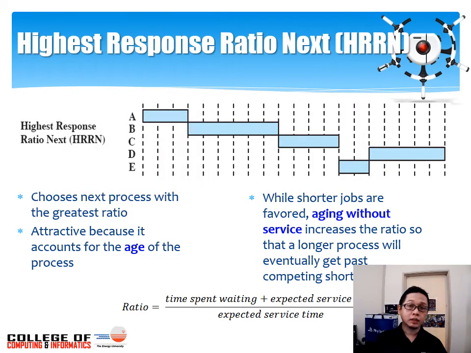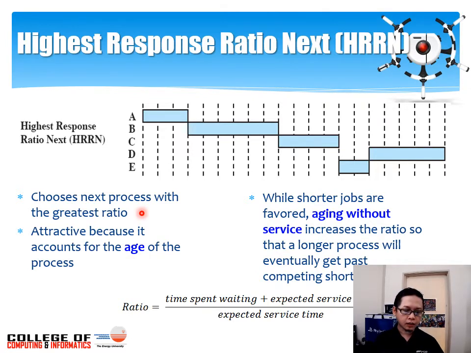The next algorithm is the highest response ratio next. So how is it different from the shortest process next and first come first serve? For one, it chooses the process based on the ratio of the age of the process to the time that the process actually gets executed.